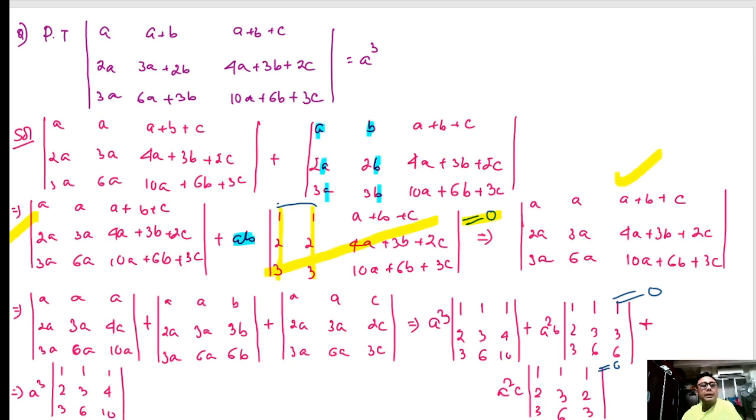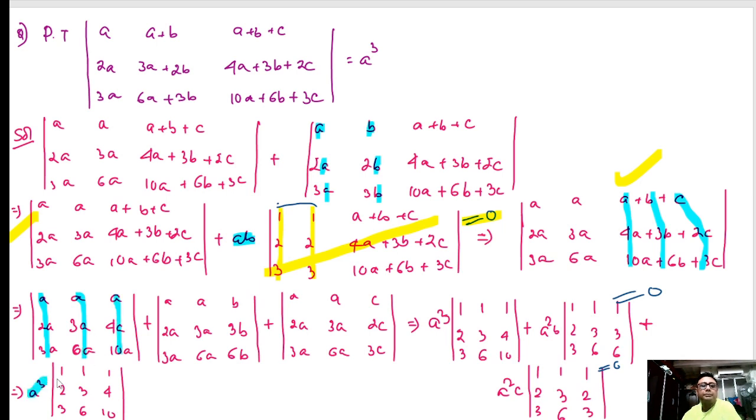So again we are breaking this determinant. Please watch. We are breaking this determinant into three parts. One using this part, second this part, third this part. So here are the three determinants. Now we are taking A common from the first column, A common from the second column, A common from the third column.